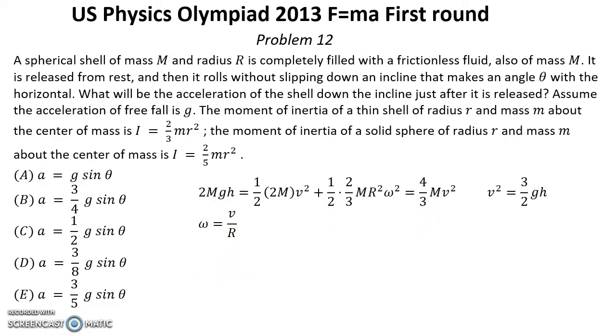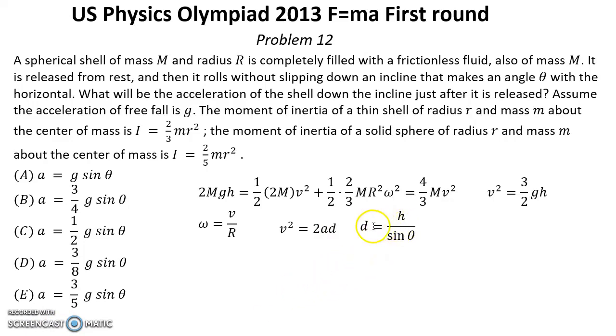But on the other hand, we have an expression for motion which connects speed, acceleration, and distance. We have v squared equals 2ad, where a is acceleration and d is distance. In our case, distance equals h over sine theta.